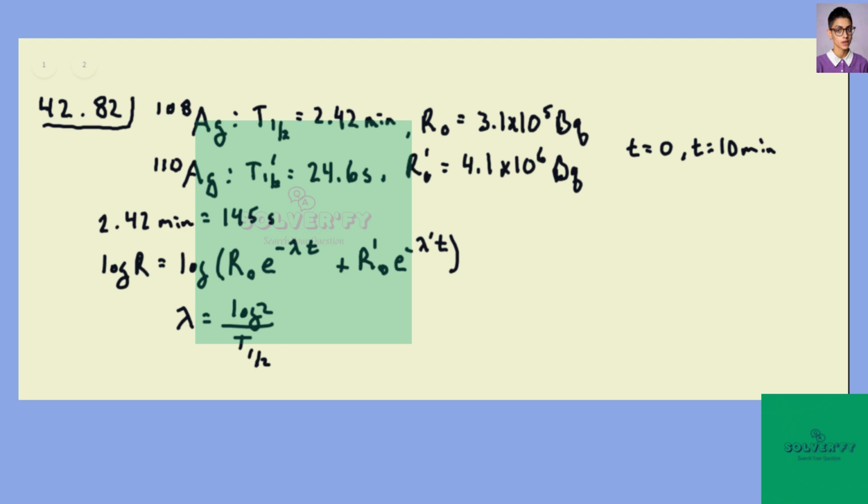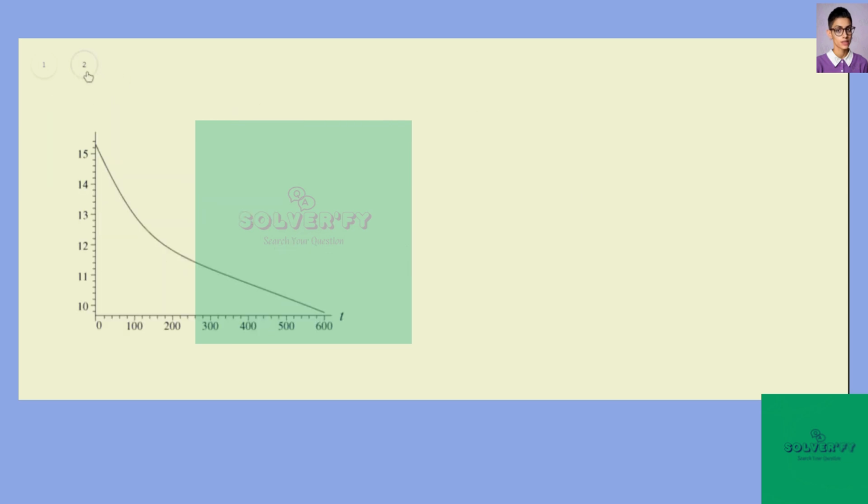And so if we do this, we get a plot like shown here. 600 seconds is 10 minutes.